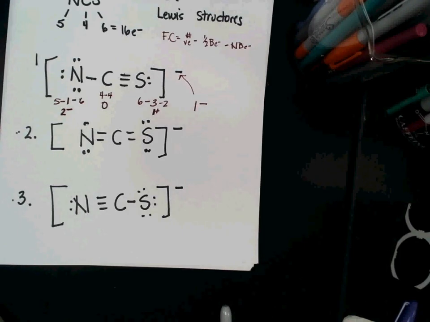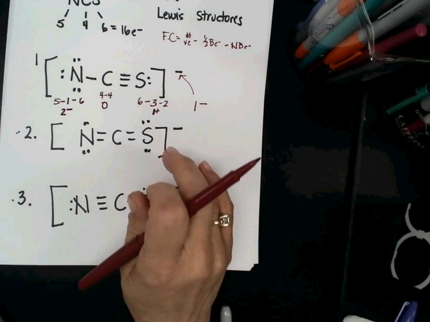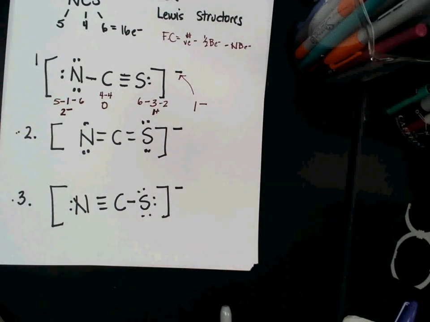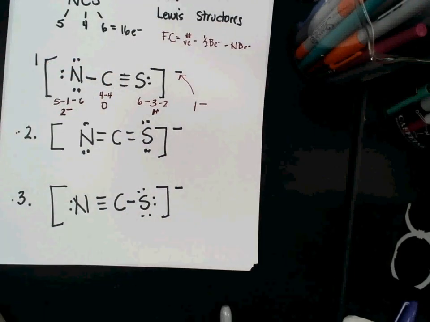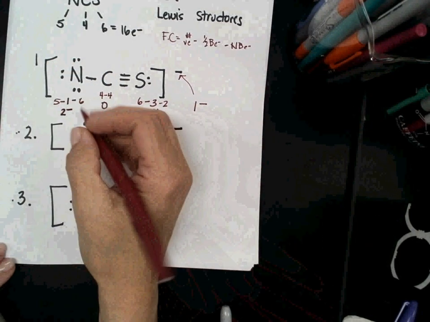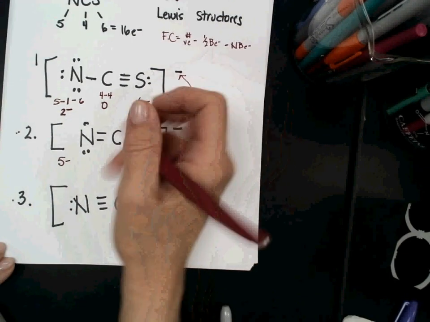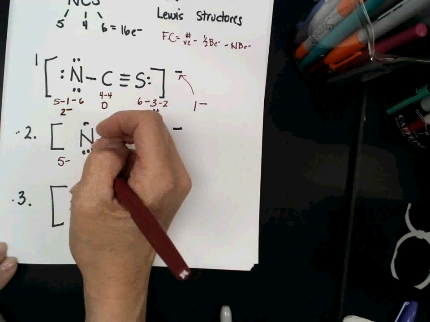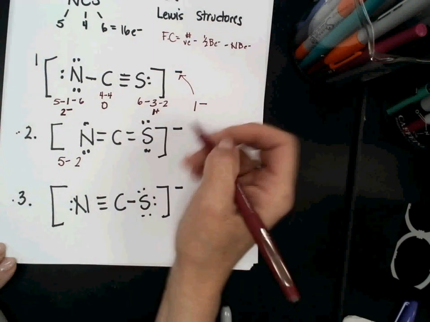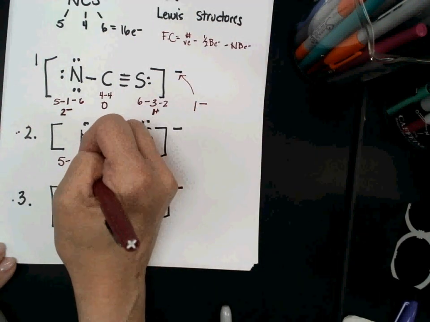Okay, let's look at these. Haley, what did you find the formal charge to be on number 2? 1 minus. Anybody get something different? Your total formal charge? Okay, we need to look at this. So nitrogen here is 5 minus half the bonding pairs, which would be 2, minus non-bonding electrons, which would be 4.